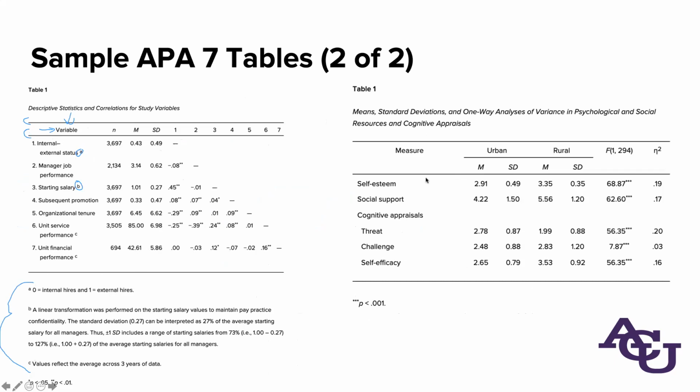And in this example on the right, you'll see that we have some sub-items here. So we have the larger measure, cognitive appraisals, and there are three things within that category, and that's why they're indented here. So you can see these different ways that formatting is used to make it more clear.